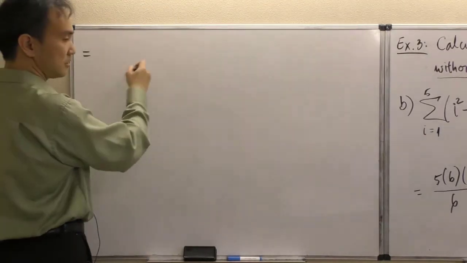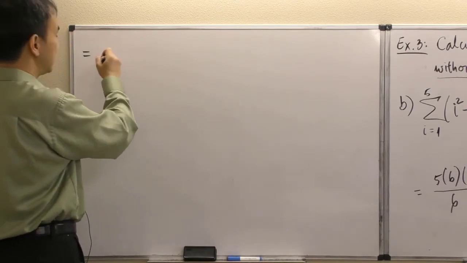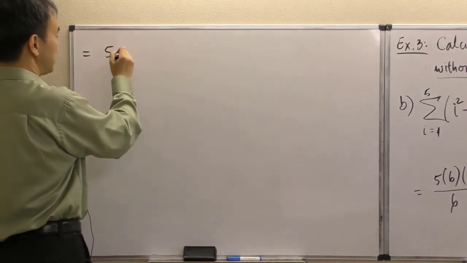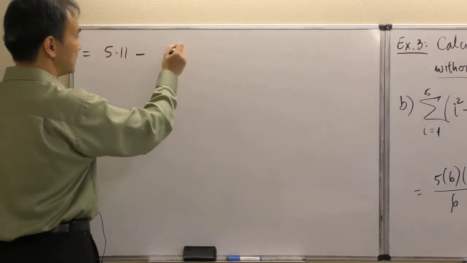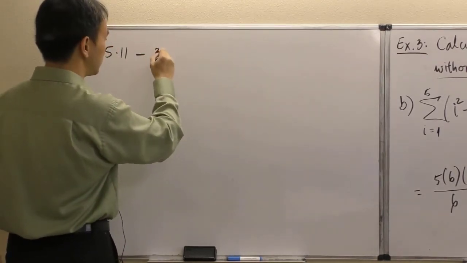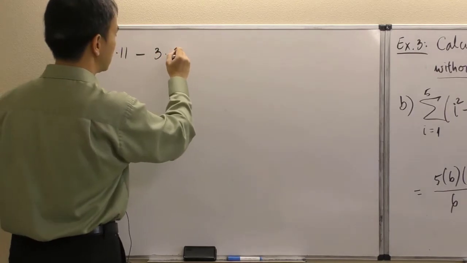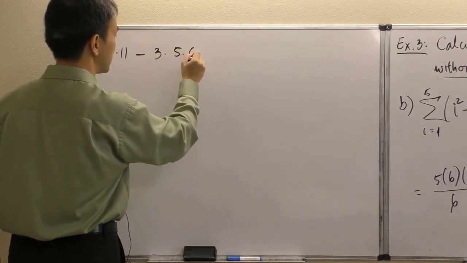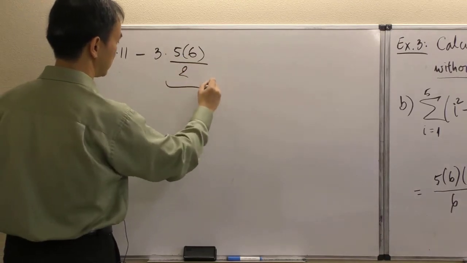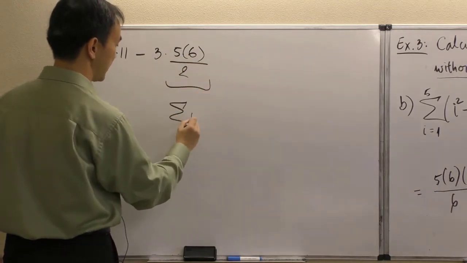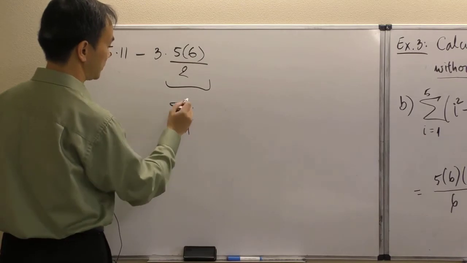the first term gives me 5 times 11 after canceling out the 6, minus now the 3 times the i, so it's 3 times 5 times 6 over 2. That comes from the summation of i from 1 to 5.